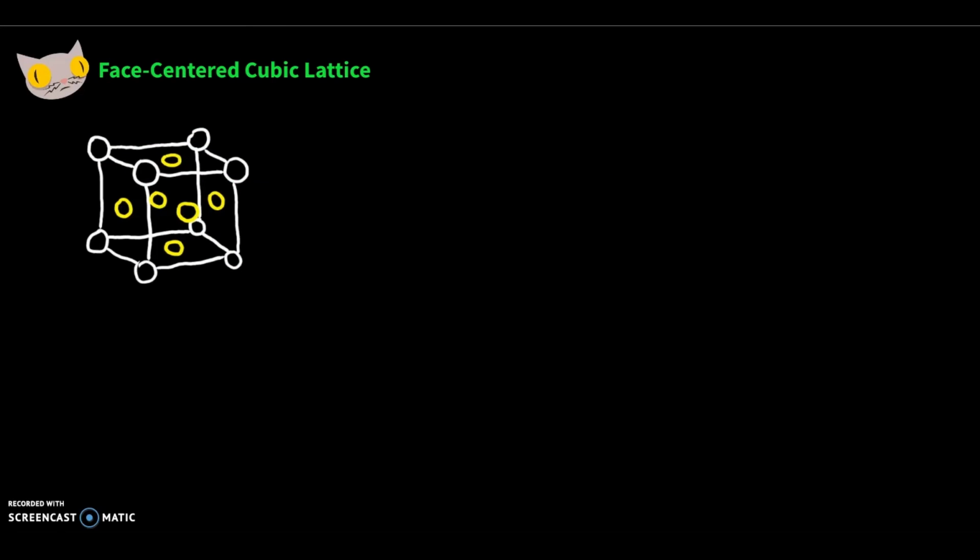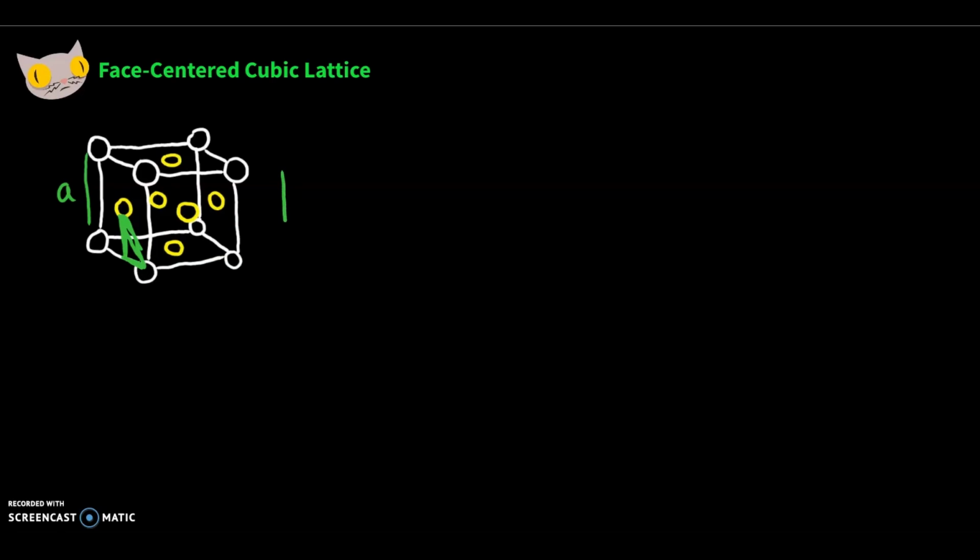Let's find the radius of the atom, but first we need to find the hypotenuse of this triangle. Right there. We know that this is A on the side.